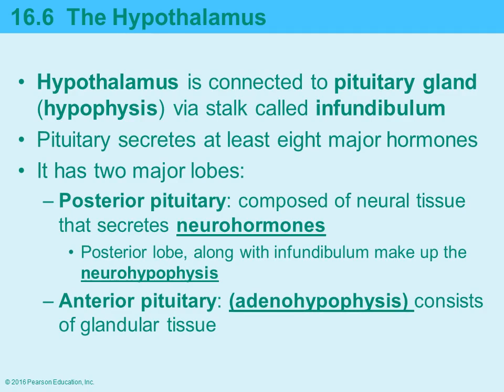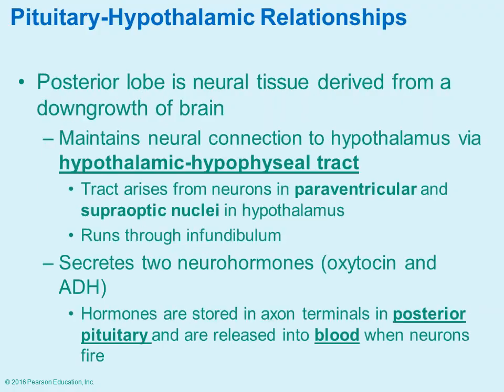Now, the posterior pituitary is composed of neural tissue, and the anterior pituitary is composed of glandular tissue. There are nerves that connect the hypothalamus to the pituitary. Those nerves are going to run through that infundibulum.